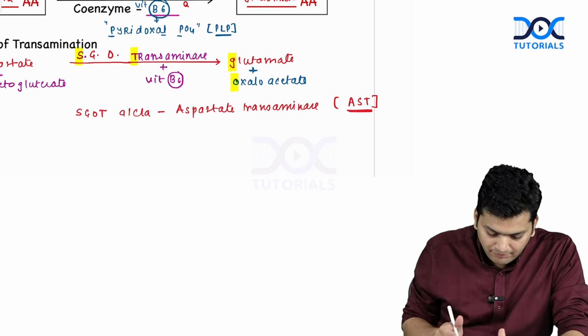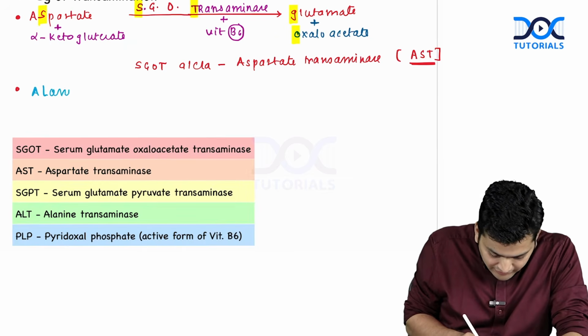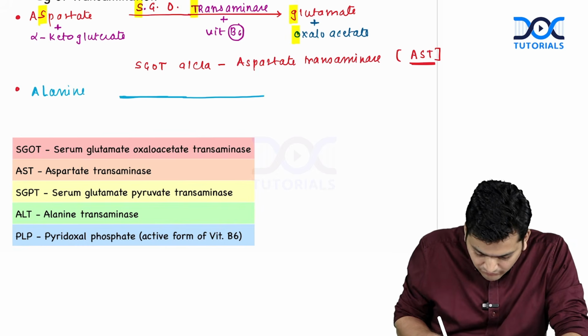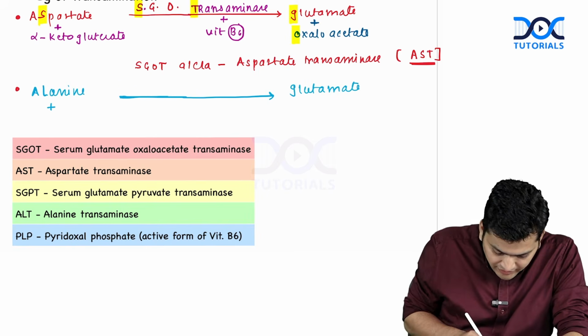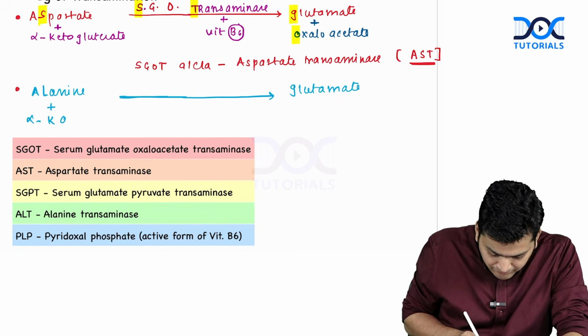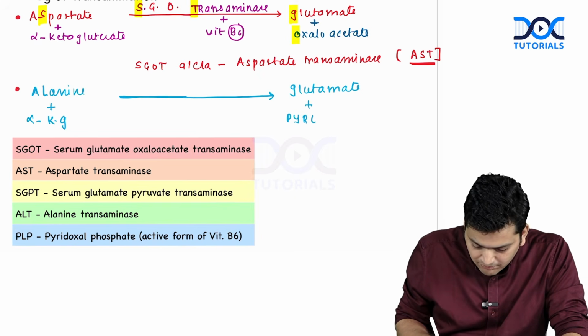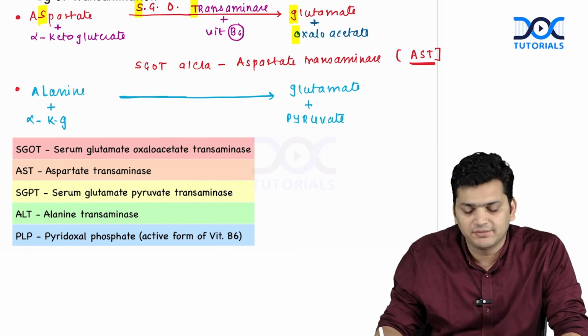Let's see one more example. If I want to do the transamination of the amino acid alanine and convert it into glutamate, the co-substrate is again alpha ketoglutarate. The byproduct here we are going to get is pyruvate. So what will be the name of the enzyme of this transamination reaction?